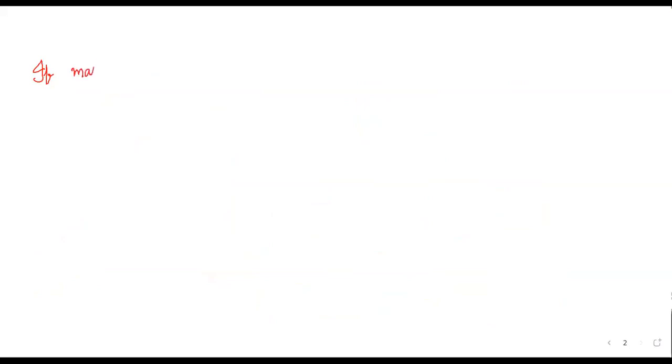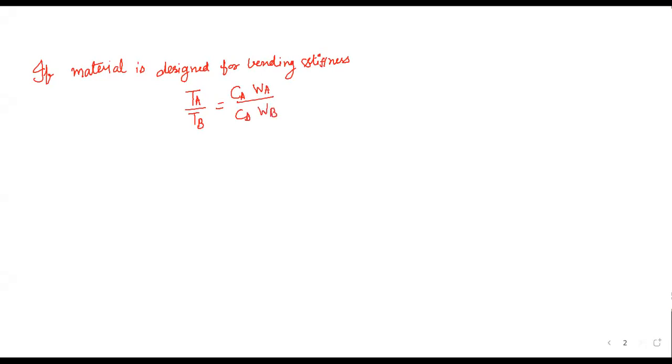Then what will the total cost ratio TA over TB be? It is nothing but CA into weight A over CB into weight B. Further simplifying this, the weight ratio will be sigma A over sigma B. And if you remember, in the first case it was sigma B over sigma A, because tensile strength was the primary requirement.